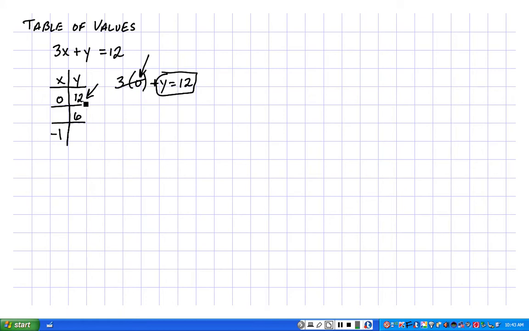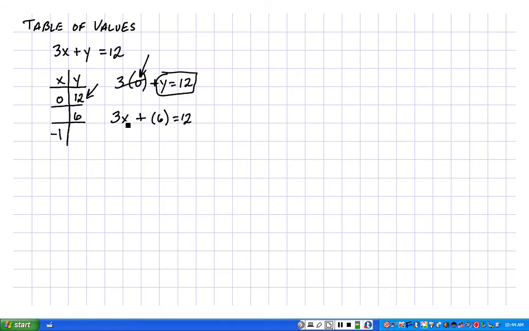then y equals 12. So if x is 0, then I put 12 over here. Okay, now for the next one, I'm given a 6 and I'm needing to find this x because my 6 is under the y column. So now it's telling me that y is 6 and I need to find an x. So again, I go back to my initial equation, 3x plus y, and I put it in parentheses to show you that I'm plugging it in, because we're saying now y is 6, so 3x plus y equals 12.